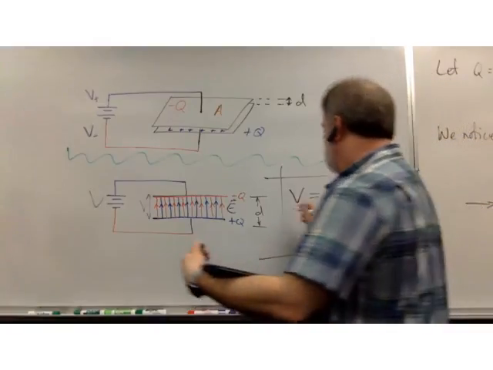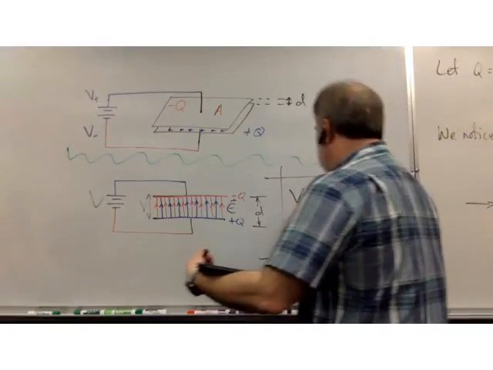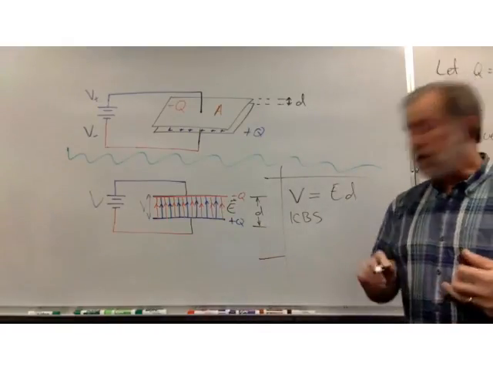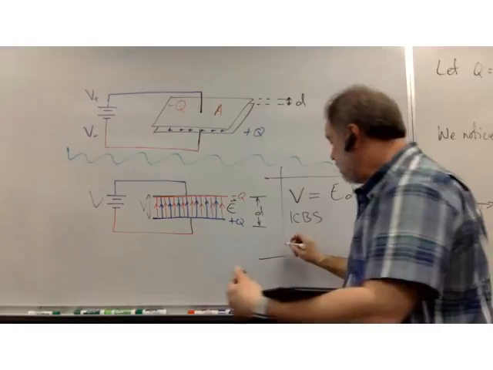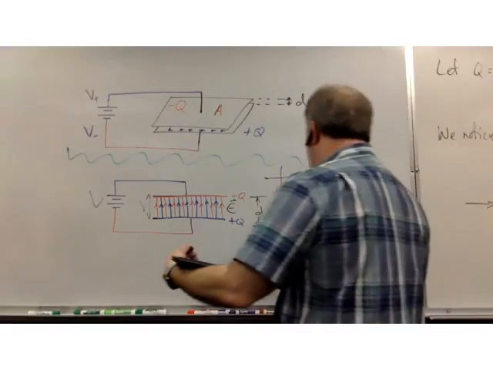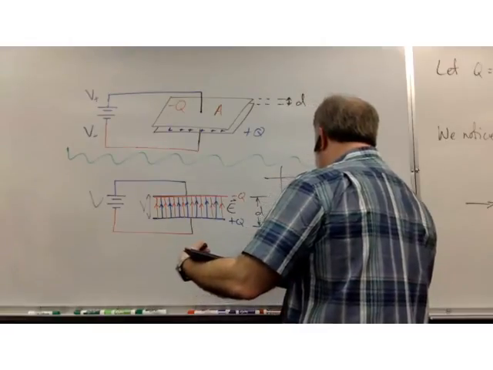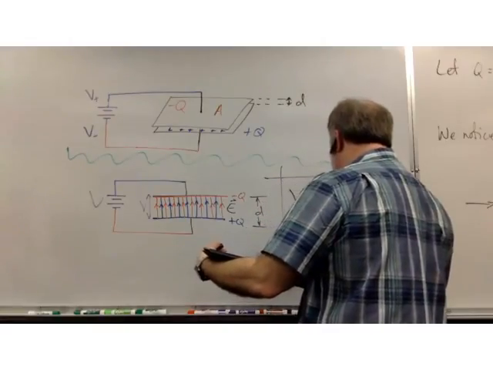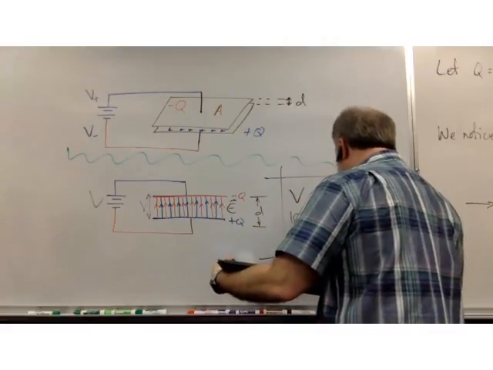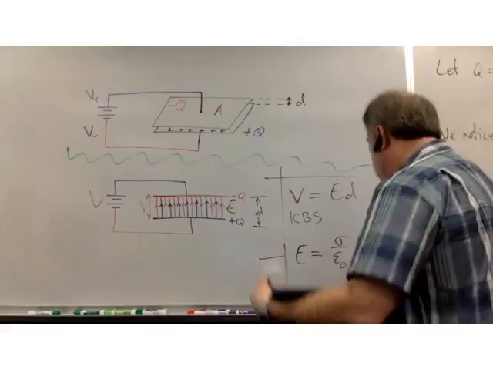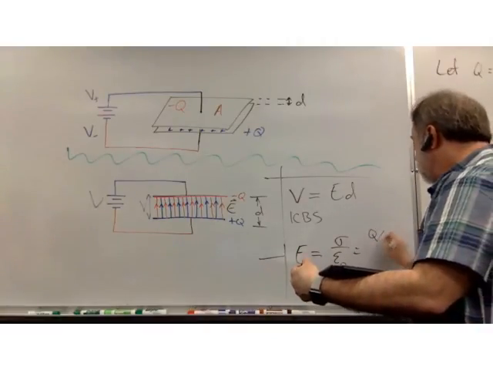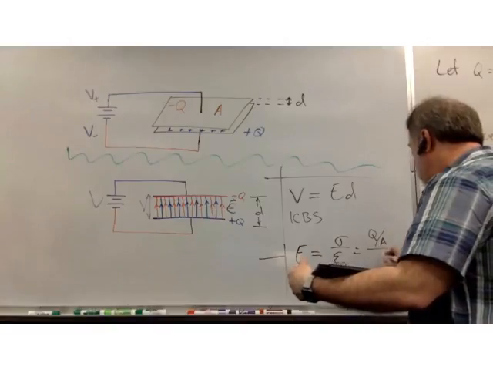Now, it can be shown. Maybe I've talked about it in class, maybe I haven't. If I haven't, I'm going to ask you to take my word for it, that the electric field inside here is equal to sigma over epsilon naught. And remember, sigma is the surface charge density, which is the total charge on the plate divided by the area of the plate.